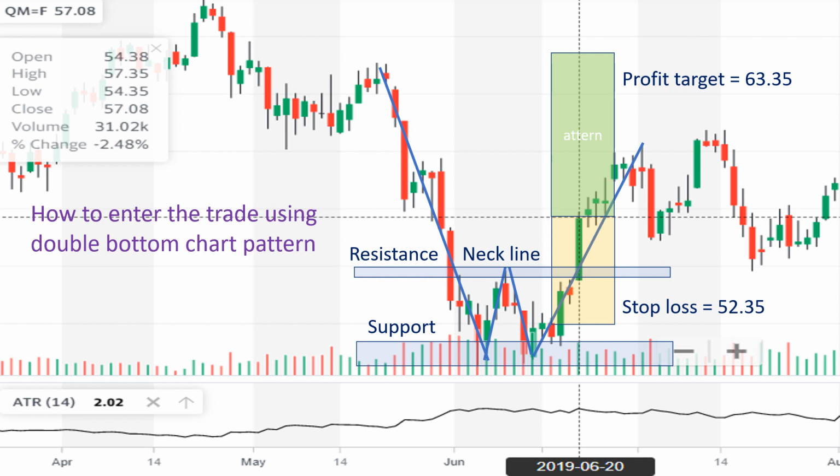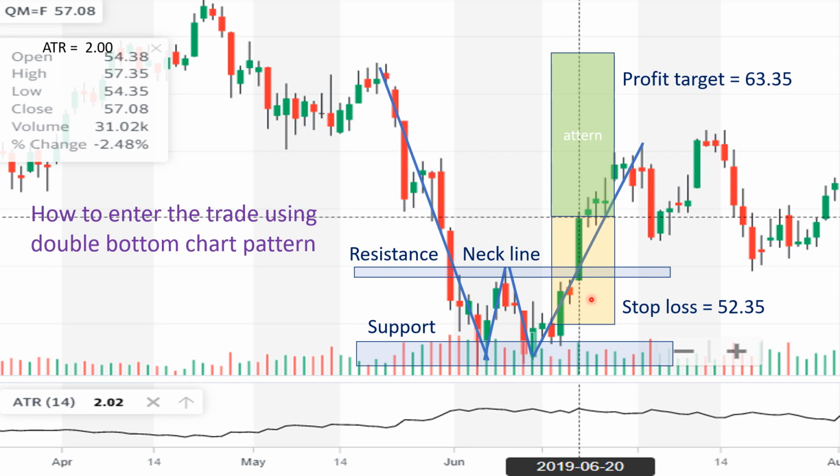Now the value of ATR and the information for this bullish candle, it's all marked here. So you can easily calculate the profit target and the stop loss.